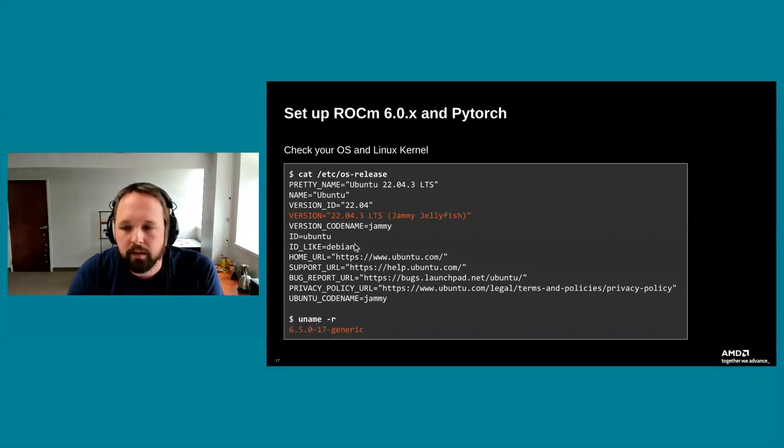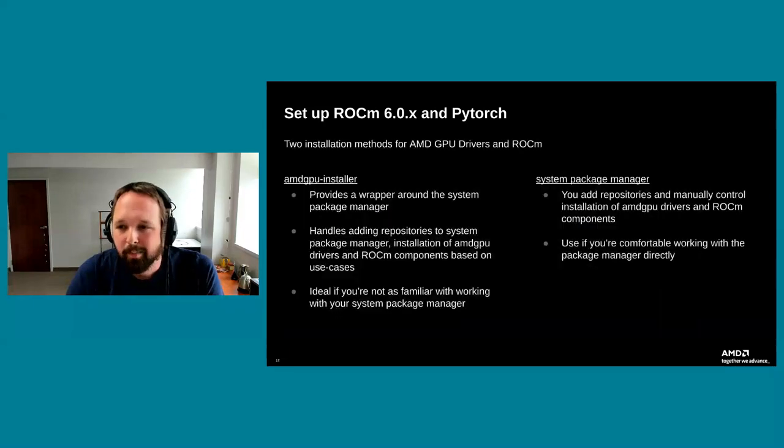So in this particular case, you can see we're running Ubuntu 22.04.3 with the 6.5 Linux kernel. So again, you just want to make sure you're matching everything before you start trying to install things. Otherwise, you might not have such a great time. There are 2 different installation methods for AMD GPU drivers and ROCm.